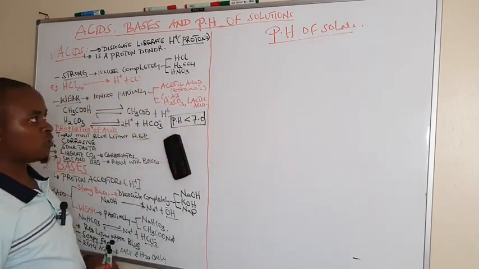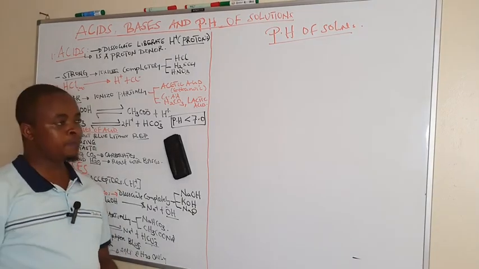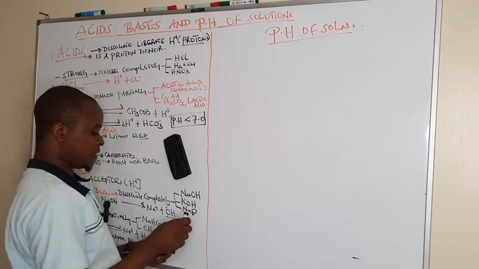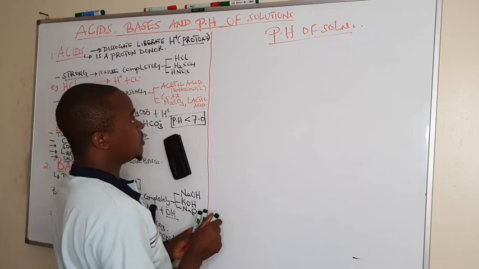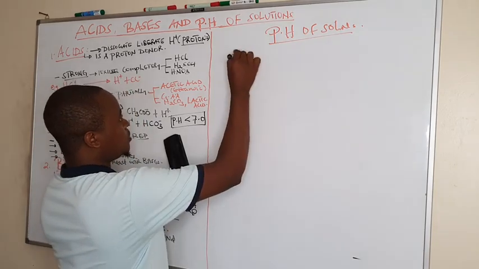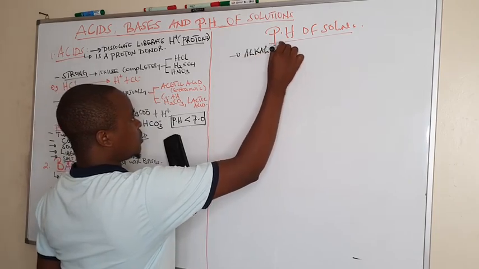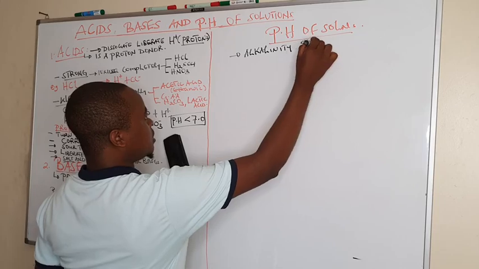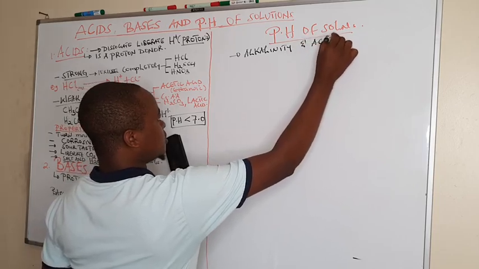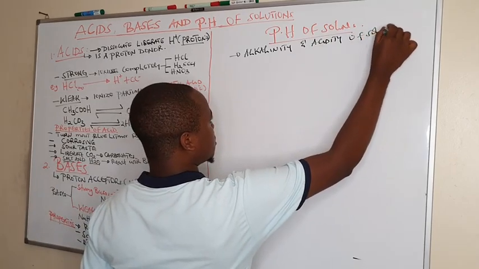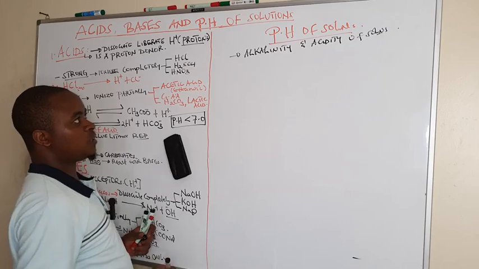pH in full is called potential hydrogen, and it is the degree of alkalinity and acidity of a solution. That is what we can define as pH.